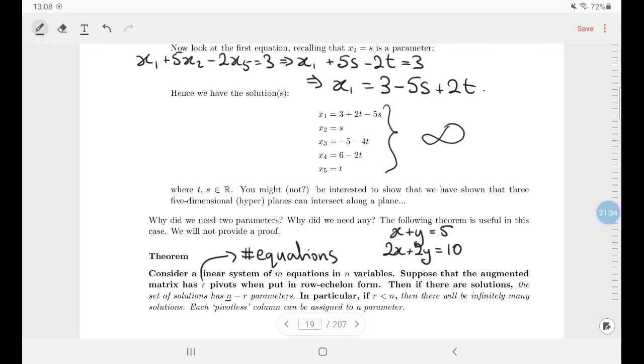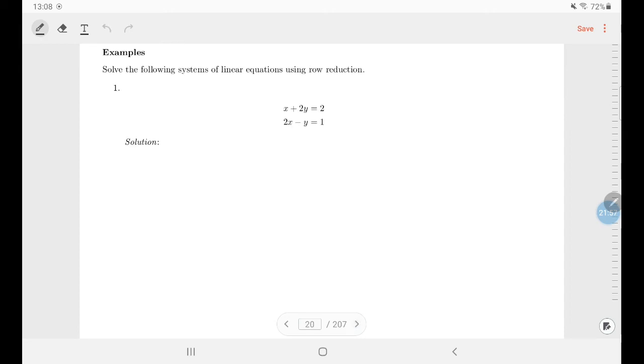So you have a situation where there are infinitely many solutions, if there are solutions. If you have a parameter, you have infinitely many solutions. Each pivotless column can be assigned a parameter. If there are exactly as many equations as variables and there are solutions, there's a unique solution. And that's about the determinate truss.